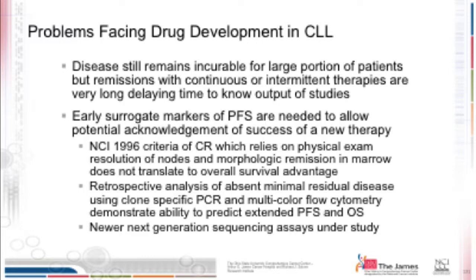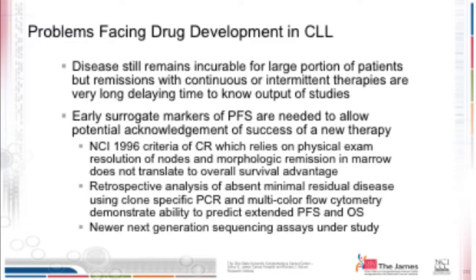And CR has been used for this. And we went from a morphologic CR, the NCI 1996, to MRD using clone-specific PCR or multicolor flow cytometry to next-generation studies. And the state-of-the-art in terms of these are either flow cytometry or the clone-seq platform, which have different sensitivities.